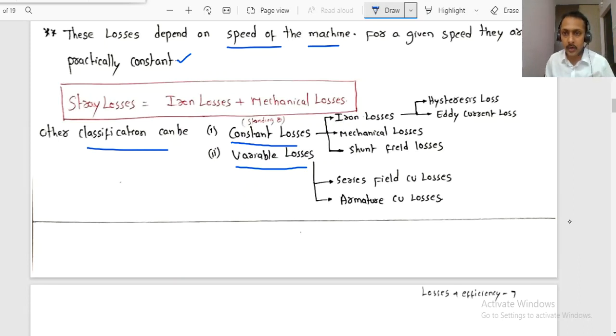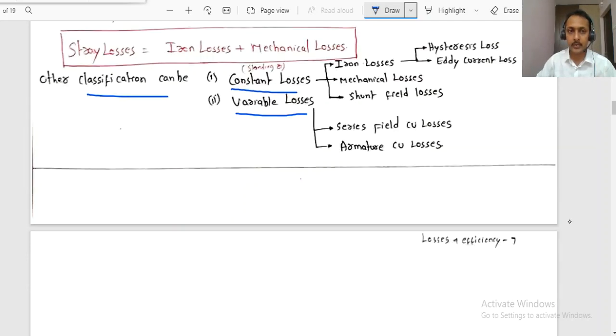Whereas series field winding and armature copper losses are variable. Series field copper losses and armature copper losses are variable losses. Iron, mechanical and shunt field losses are constant losses. This is also one type of classification, right?